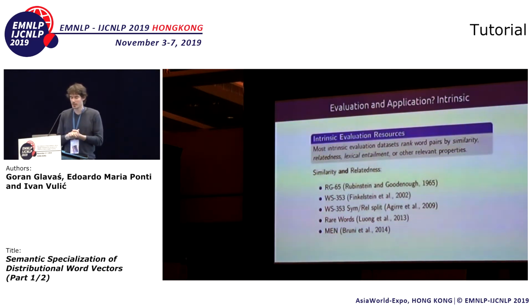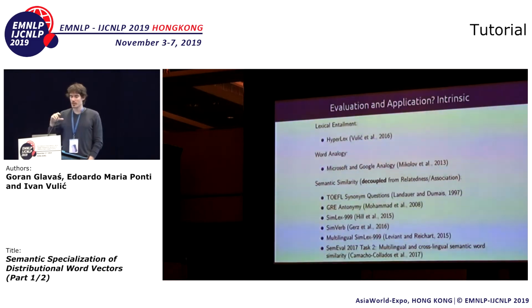People have spent a lot of time building intrinsic evaluation resources for different types of relationships. At first, we didn't even distinguish between similarity and relatedness, so historic data sets, and even some more recent ones, conflate similarity and relatedness. Even well-known data sets like MEN do that.